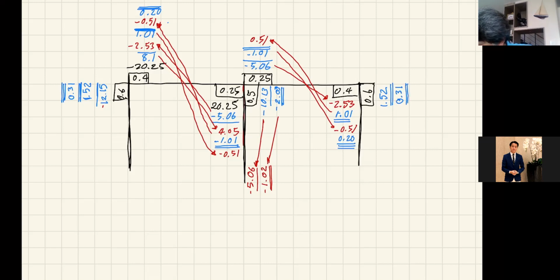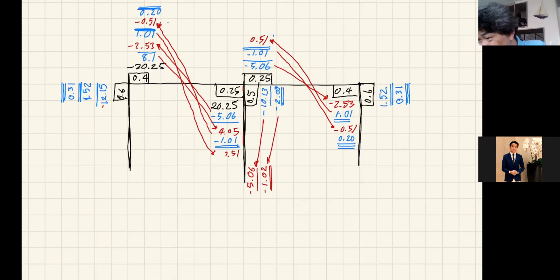1, 2, and 3. Now in the middle joint, you have to be a little bit careful because you now have 0.51 coming in from joint A and another 0.51 coming in. Oh, that's a positive one. Okay, this is the glitch from writing.